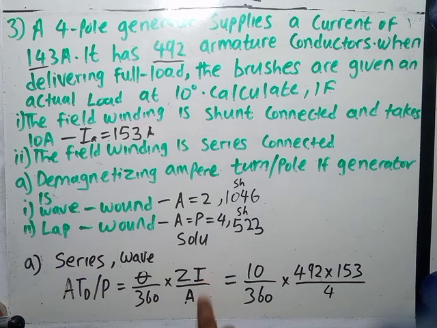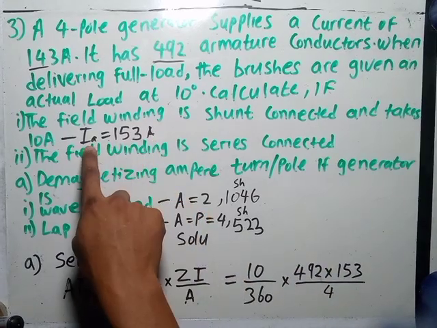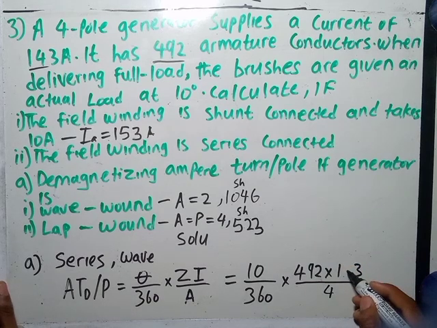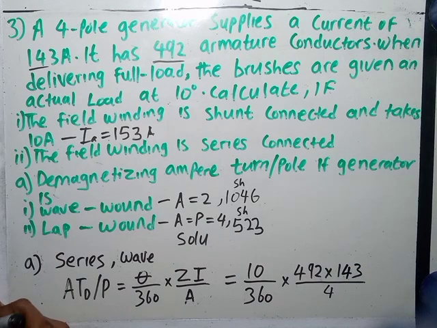So if that is the case, our current here will change from 153 for the armature one, now back to 143. So this value will change here now. Inputting this in your calculator, and another thing, we are dealing with wave and not lap again.